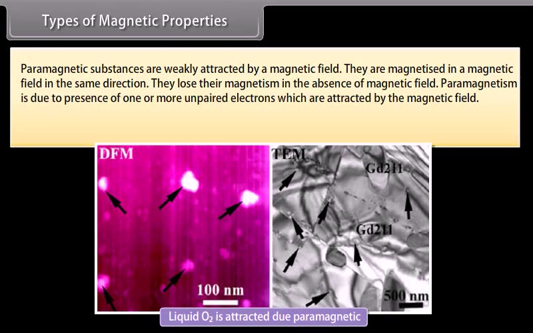They are magnetized in a magnetic field in the same direction. They lose their magnetism in the absence of the magnetic field. Paramagnetism is due to the presence of one or more unpaired electrons which are attracted by the magnetic field. O2, Cu2+, Fe3+, Cr3+ are some examples of such substances.